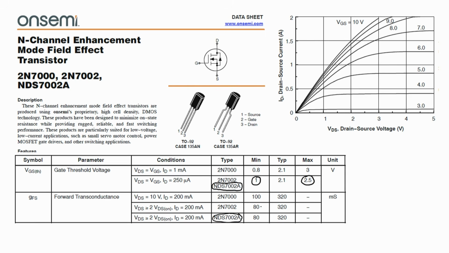We can also take note of the minimum and typical forward transconductance of this transistor. And on another part of the data sheet, it's mentioned that the maximum drain current for this transistor is about 280 milliamps. We'll keep that in mind, even though I'm not showing it here.